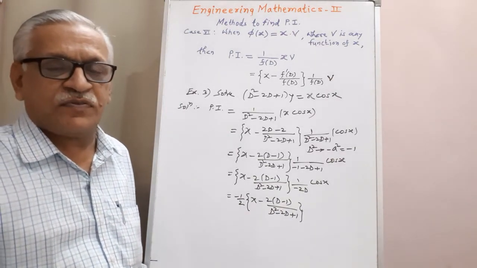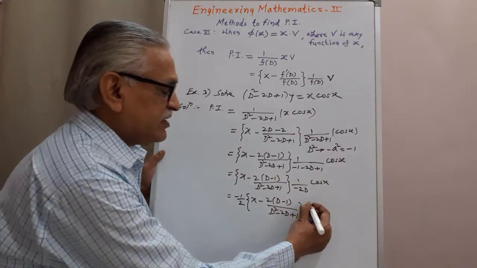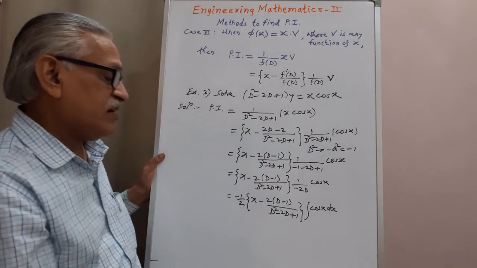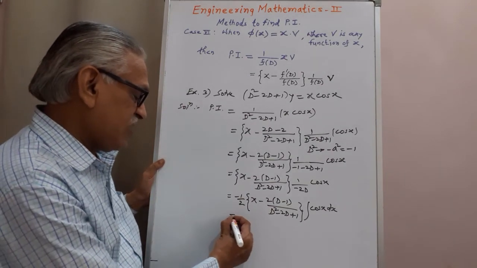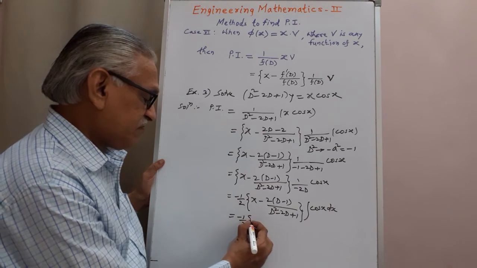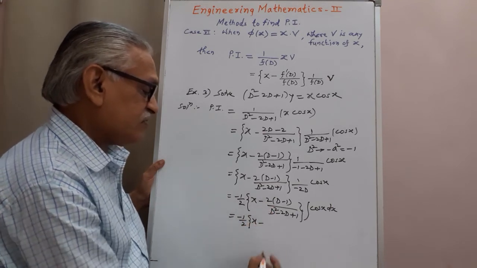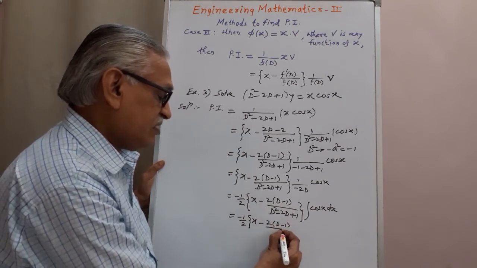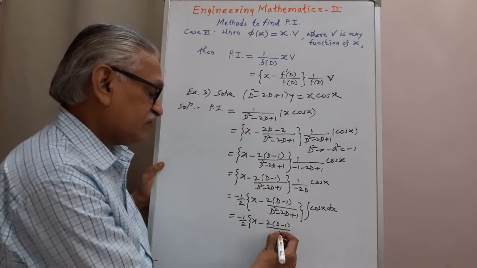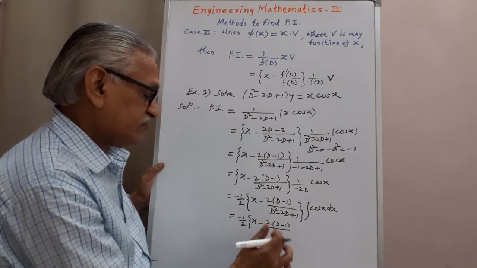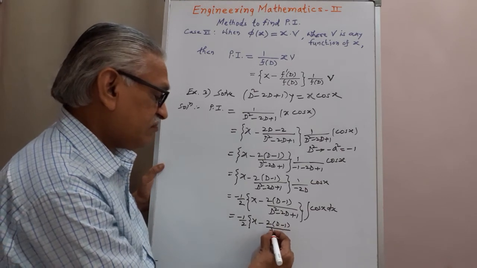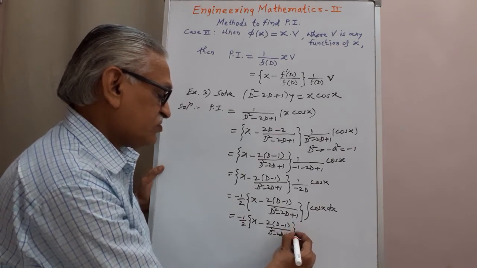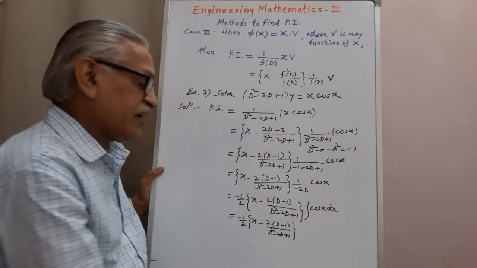If D stands for the operator d by dx, 1 by D is nothing but the integration of that cos x with respect to x, and therefore we have minus 1 by 2 times x minus 2 times D minus 1 divided by D square minus 2D plus 1, bracket close, and integration of cos x is sin x.